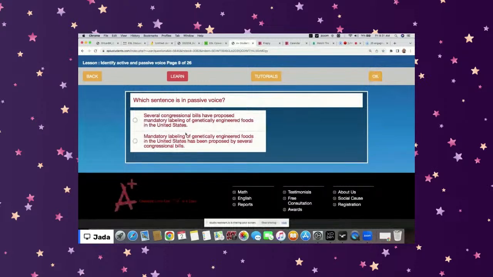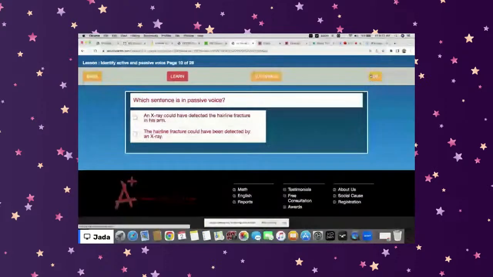Several congressional bills have proposed mandatory labeling of genetically engineered foods in the United States. An X-ray could have detected the hairline fracture in his arm.